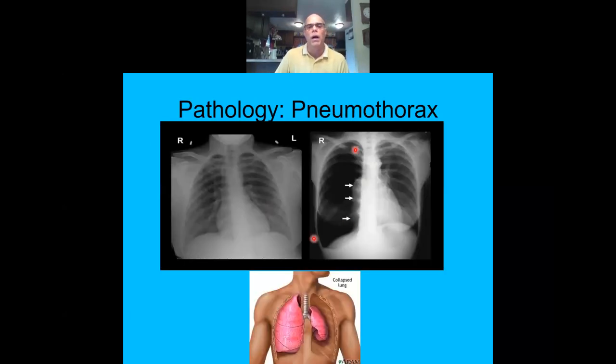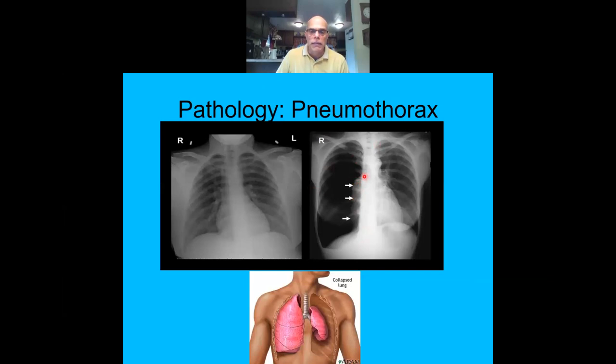Here we've got what we call a pathology known as a pneumothorax. And what is a pneumothorax? So it's pneumo meaning air in the thoracic cavity. Okay? It's not in the lung. A pneumothorax is free air in the thorax, in the thoracic cavity. So what we have here is an outline of some air right in there that is a different density, obviously, than the air in the lungs, as you can tell.